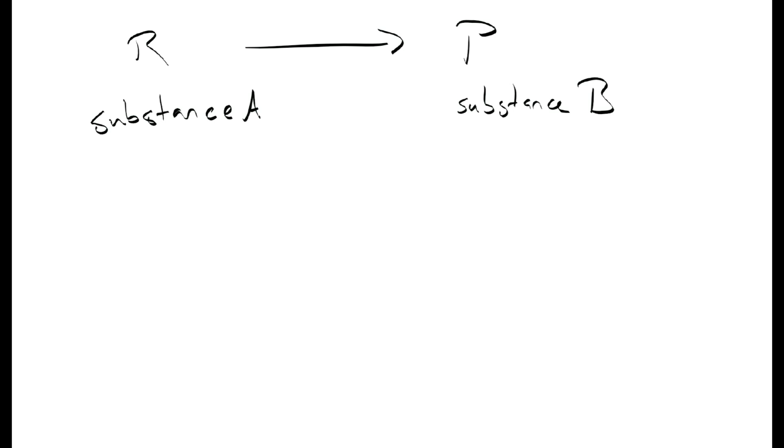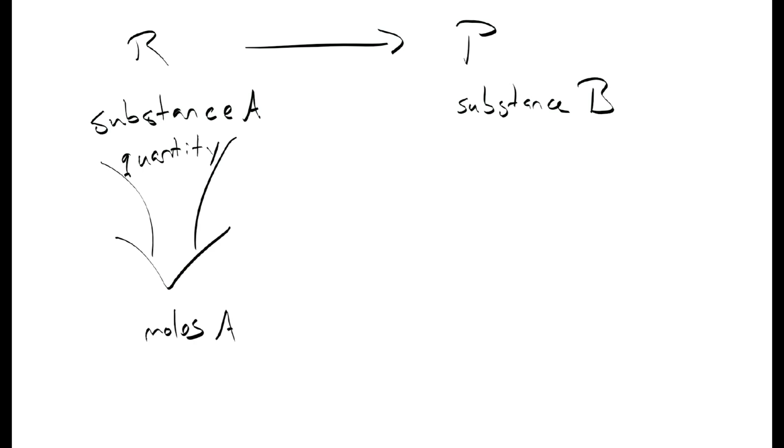So no matter what, I'll give you some quantity for substance A. And then you'll do whatever conversions are necessary to get that down to moles of A. Everything goes through moles.